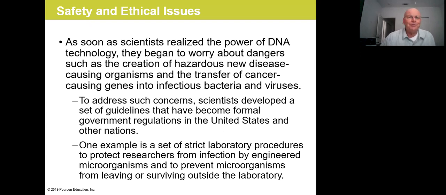In fact, this is one of the concerns that people have raised about the COVID virus. Is this in fact a naturally occurring virus, or is it the product of lab science gone wrong? I don't know what the answer is to that. I'll wait for the experts to do their analysis.